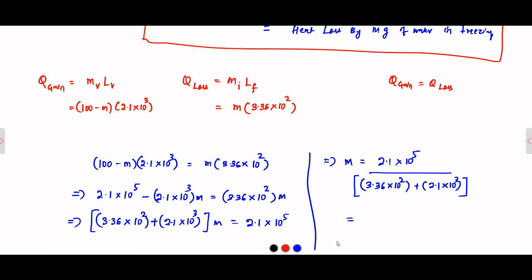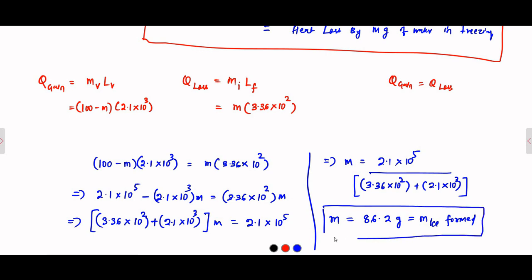So it is coming around 86.2 grams, okay, m, which is the mass of ice formed. This is the mass of ice formed.